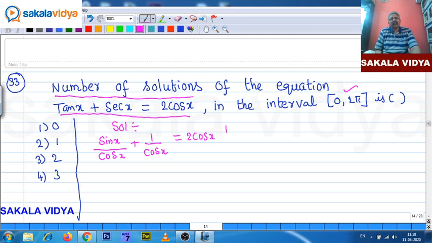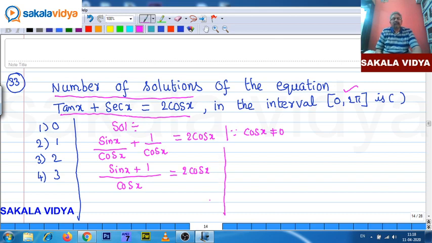And one more condition we can emphasize: cos x does not equal 0, because if cos x is equal to 0, sin x by cos x and 1 by cos x are both not defined. Now the LCM is cos x, we get sin x plus 1. I am doing each and every step for your better understanding. Then cross multiply. What do we get now? 1 plus sin x equals 2 cos square x.